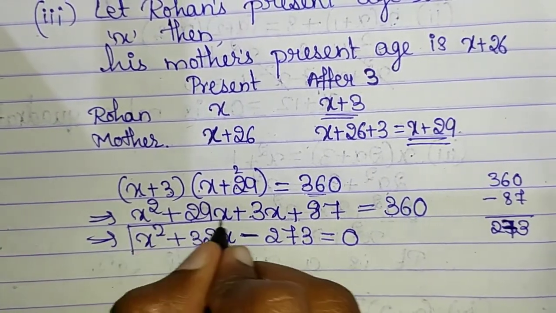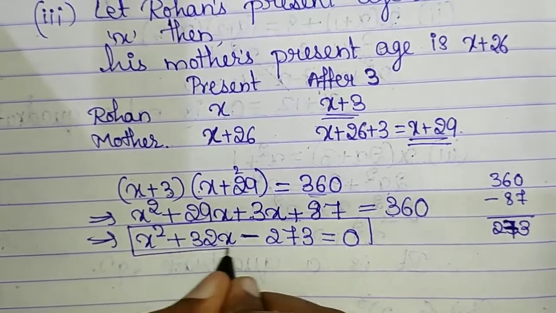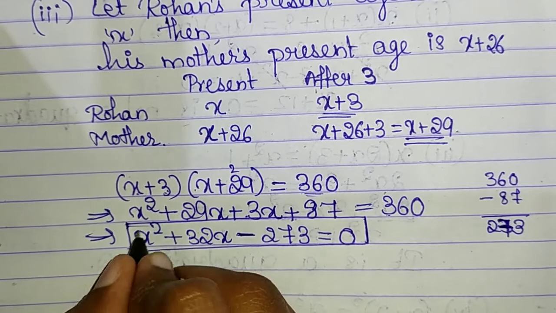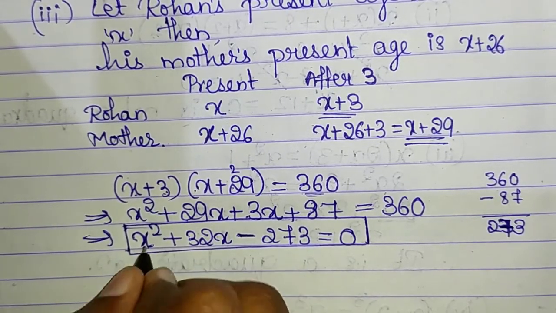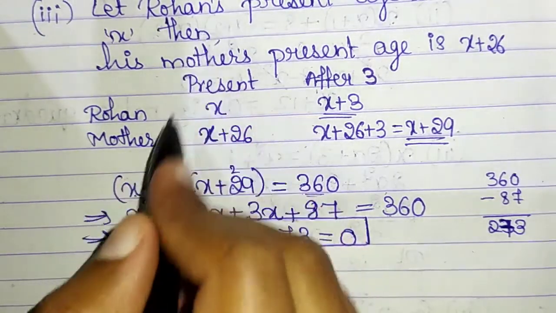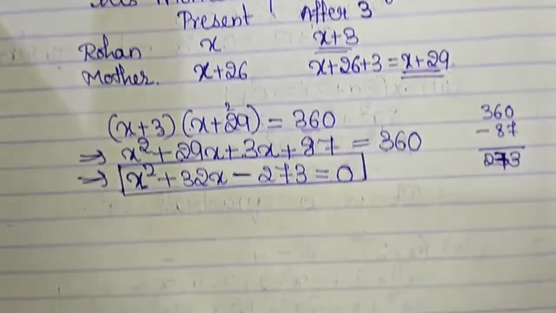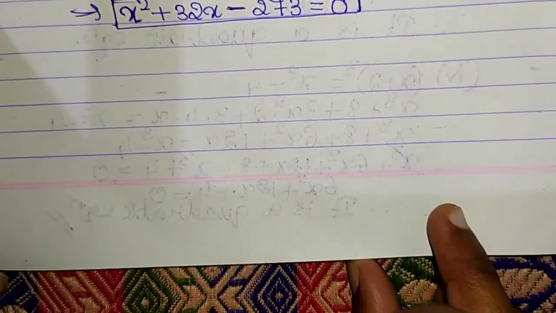So this is the required quadratic equation. If we solve this equation, then we find the value of x, and that value of x will be Rohan's present age.